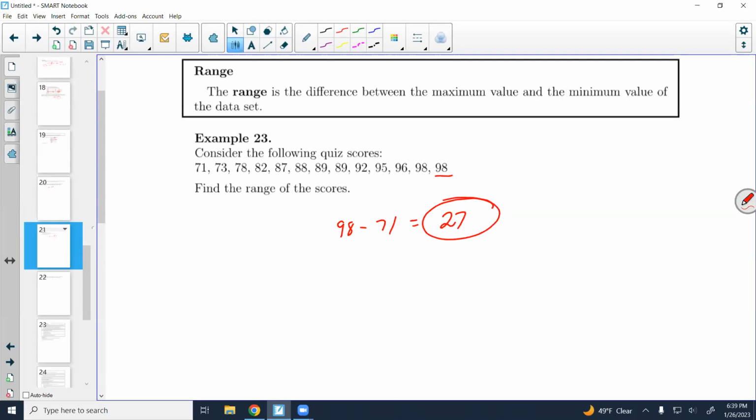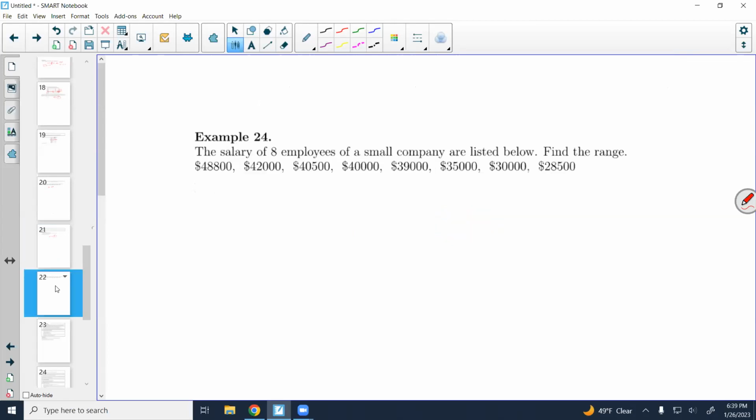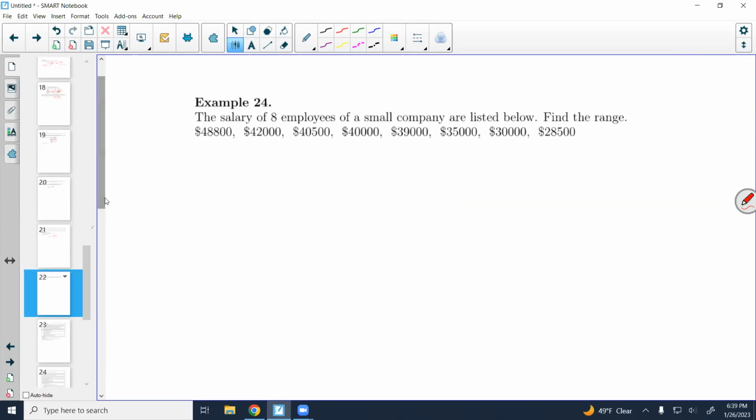So our range is 27. And then looking at these salaries, our highest value is 48,800. Lowest is 28,500. To find the range, we subtract and we get 20,300.